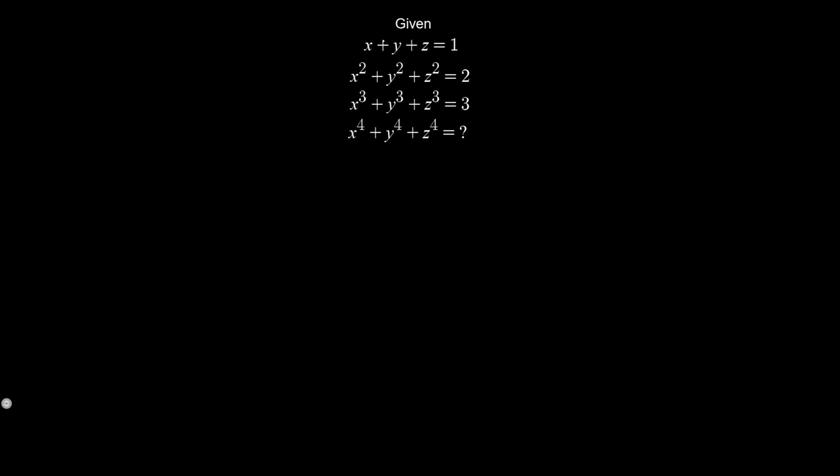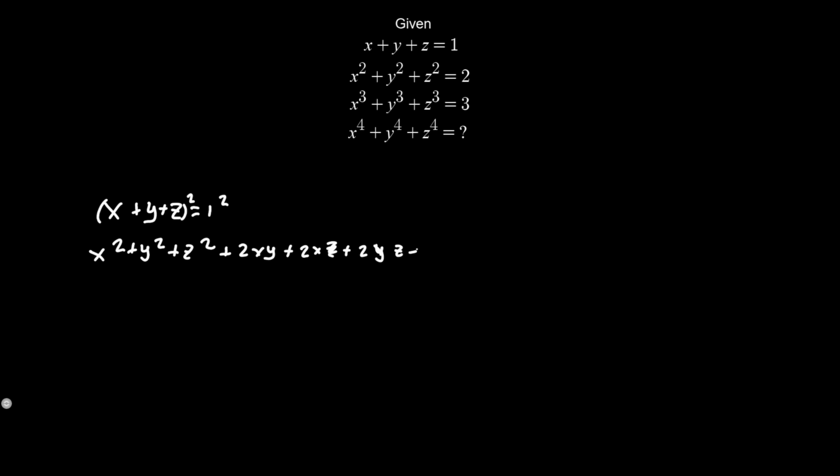So let's look at the first equation, because we know x + y + z = 1. If we square both sides, we will have x^2 + y^2 + z^2 + 2xy + 2xz + 2yz, and that is equal to 1.